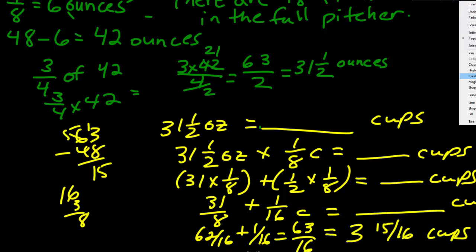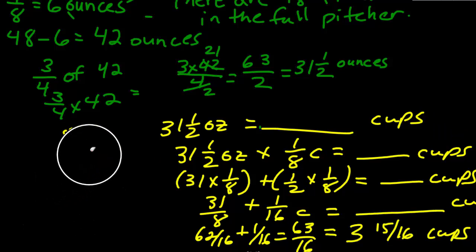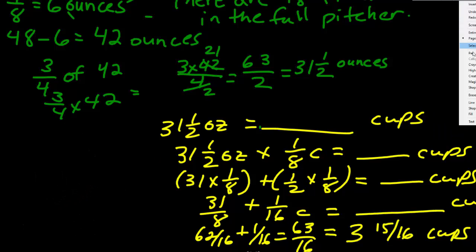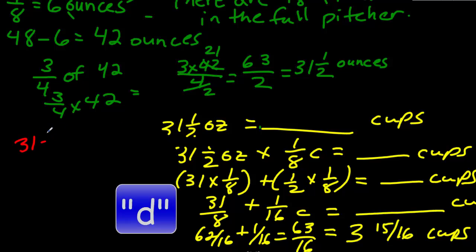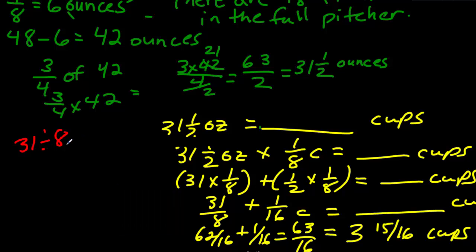Now, that might have been pretty challenging for a 5th grader anyway. Trying to think if there'd be an easier way. So I wonder if there's an easier way to show this. If there's 8 ounces in 1 cup, then we would want to take the 31 and divide it by 8, which we can't quite do. What could we do? We could find a number that's close. 32 is close.